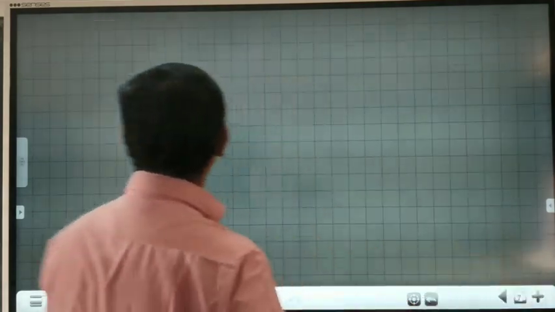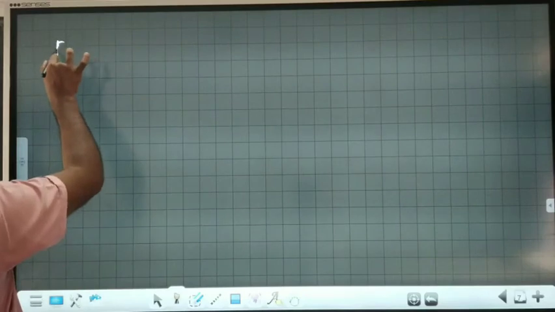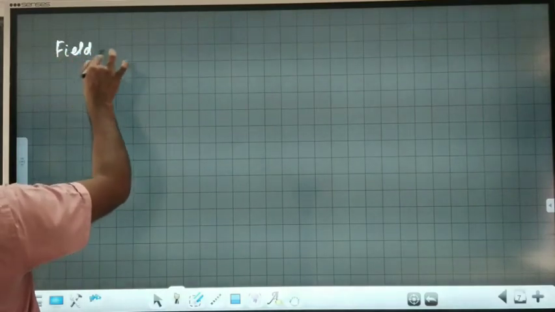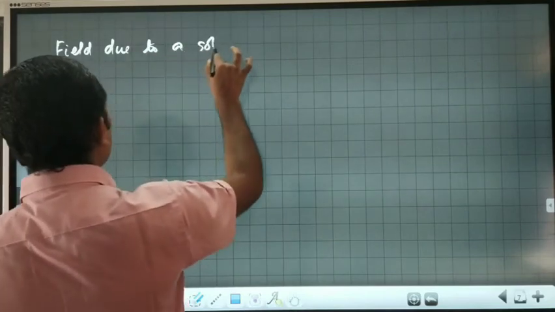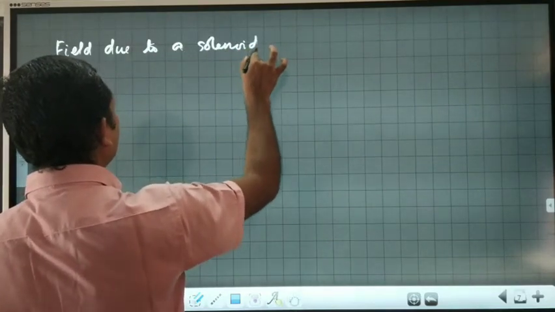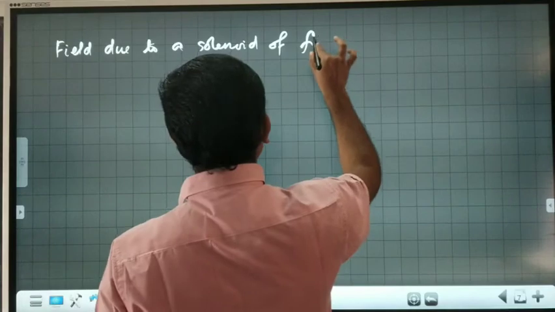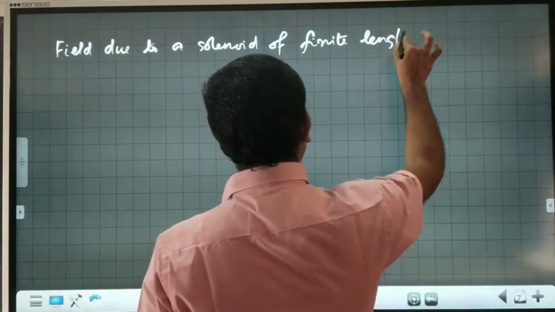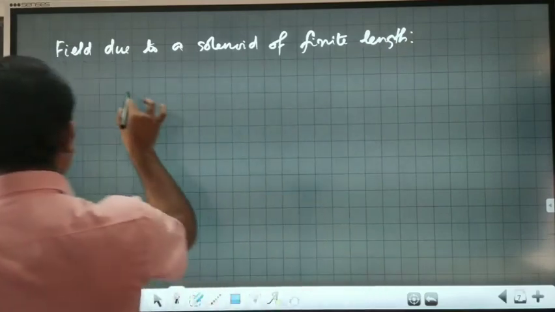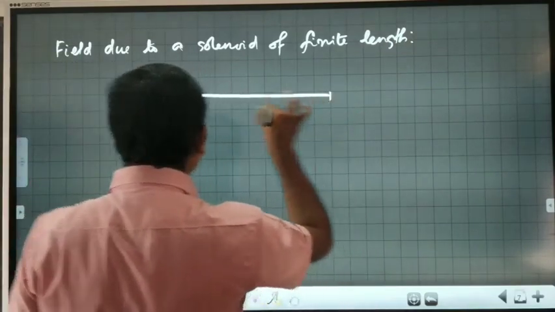Now let us discuss the next thing, that is field due to a solenoid of finite length. Let me consider a solenoid of finite length, not infinity.